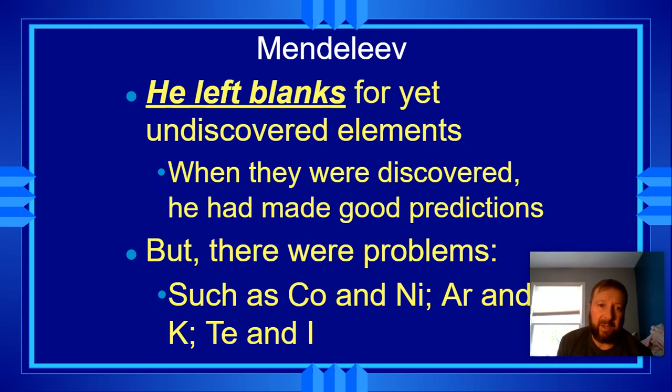Now, if you look at the periodic table, there were some problems in his. He had cobalt and nickel in such a way that they didn't really match up with their chemical properties. Obviously, we listed a few more that didn't fit. When you switch them, as Moseley does, and put them in according to atomic number, you find out that they fit basically perfectly as far as their chemical and physical properties.